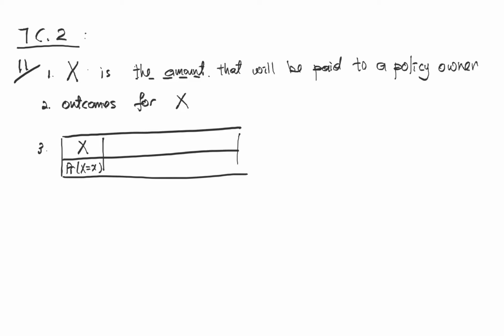Correct? So what are the possible outcomes for X? 0, 8,000, and 20,000. Correct? So now I fill in my table.